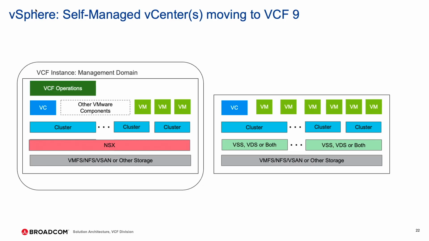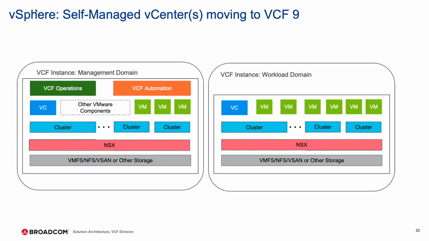In addition to that, it goes ahead and deploys VCF Operations and VCF Automation. This is only done once for a fleet, and this is where you have created your management domain. So for your other vCenters that exist, you can bring them in as a workload domain, and NSX comes along with that as well.